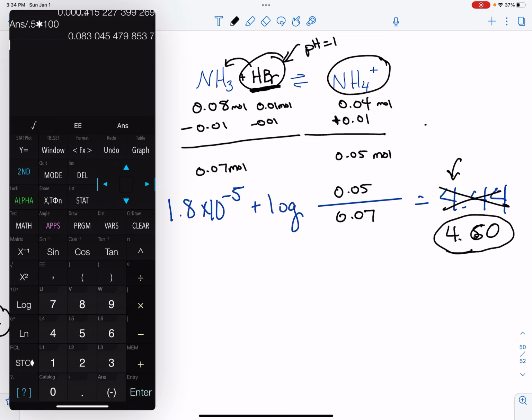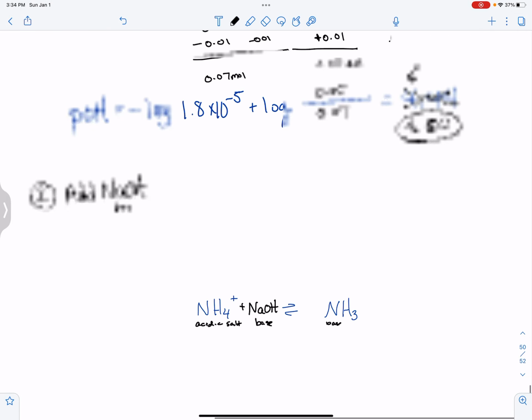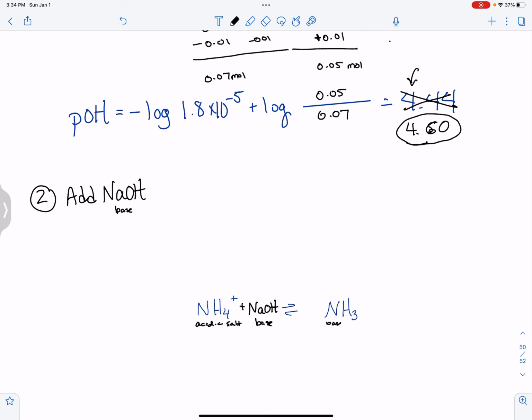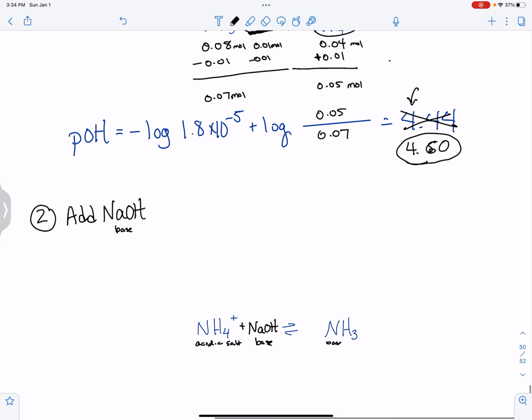So let's see what happens to our buffer when we add the NaOH. So I'm going to go back up because my NH4 amount, when I started, this is the original, 0.04. I'm going to add in that same amount of this base, 0.01 moles.